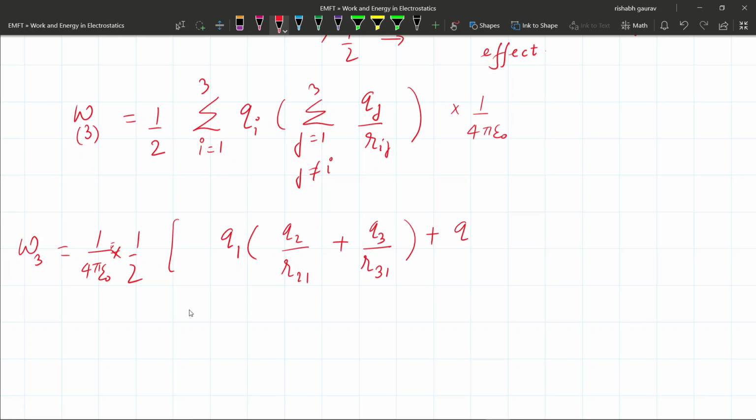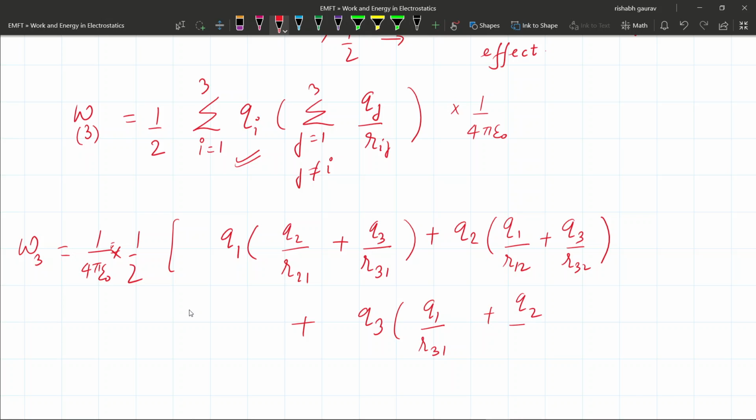Then let's take another charge, and i is equal to 2, q2, q1 by r12 plus q3 by r32, the distance between them, plus i is equal to 3, q3, this will be q1 by r31 plus q2 upon r23.